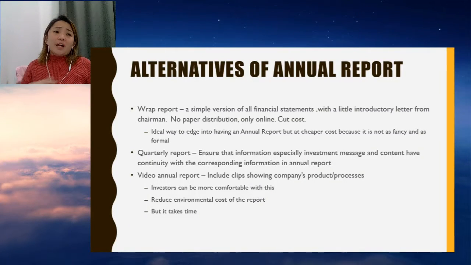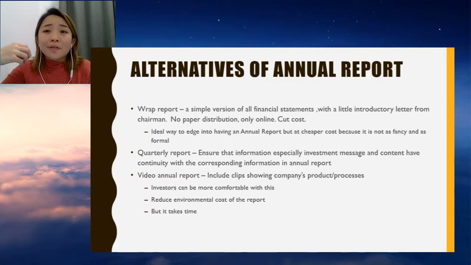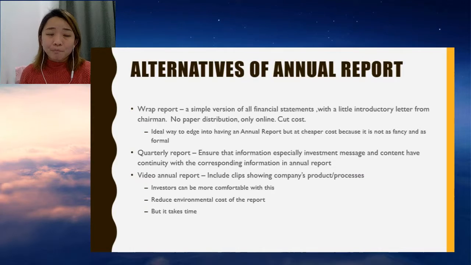Now, I went at length to discuss all of this. Of course, you might wonder, if I don't want to do an annual report, what are the alternatives? The first alternative is what you call the RAP report. A lot of companies that are probably not doing so well financially would like to say, maybe this year we don't want to come up with a full annual report, but we have to come up with a report to tell our shareholders.